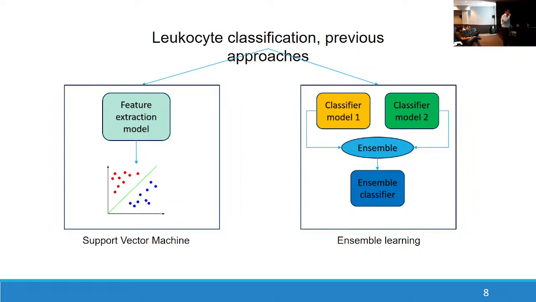In previous approaches, leukocyte classification in state-of-the-art works has been solved with some feature extraction models and a support vector machine for classification, or also with ensemble learning using different kinds of models and then ensembling them for the classification of leukocytes.